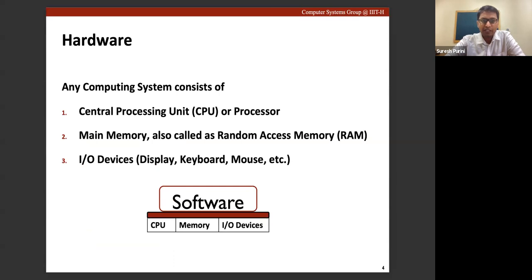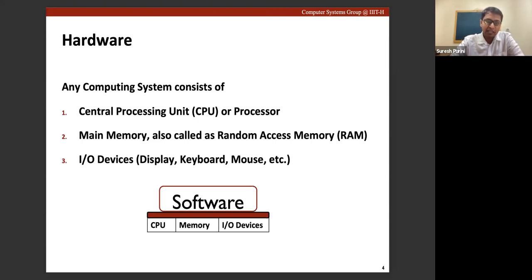So any computing system, if you look at its hardware, it consists of three important components. One is the processor or CPU. The second component is called main memory, also called random access memory, RAM. And the third is a bunch of IO devices, for example your keyboard, display, webcam, microphone.